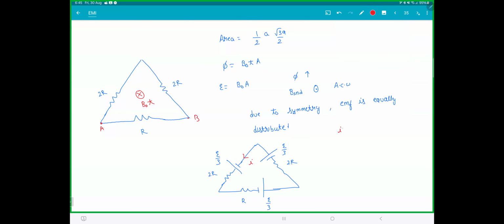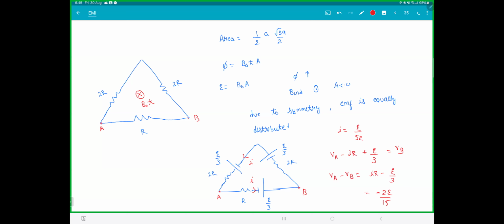The current in the circuit I will be E by 5R. This is your current. You want to go from A to B. So VA minus I into R, you're going in the direction of the current. You're going through the battery, negative to positive, so plus E by 3, and you reach B. So VA minus VB is equal to IR minus E by 3. IR is E by 5, so minus 2E by 15.